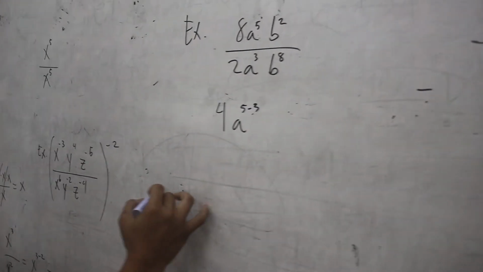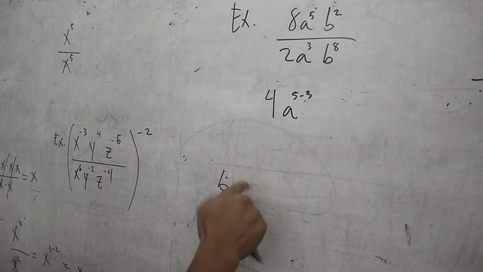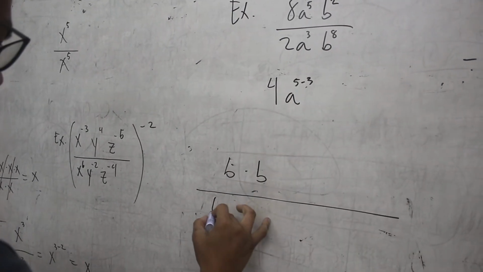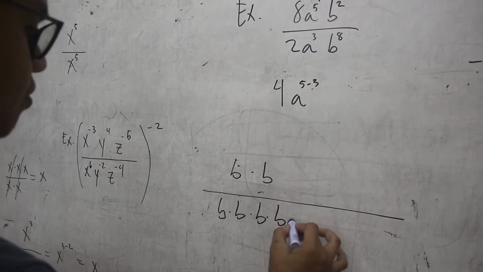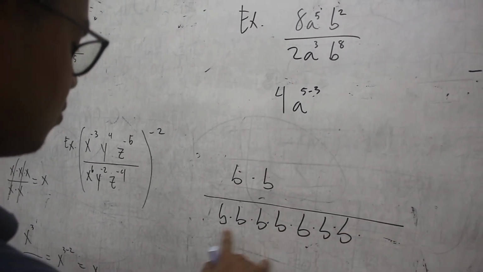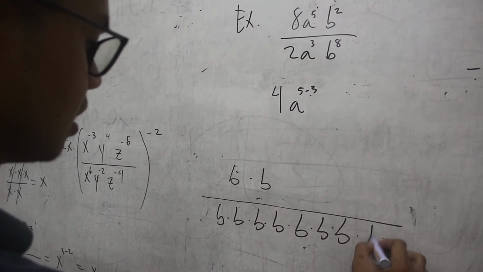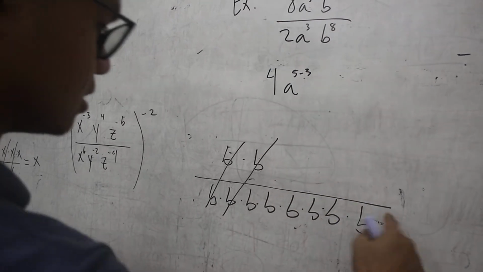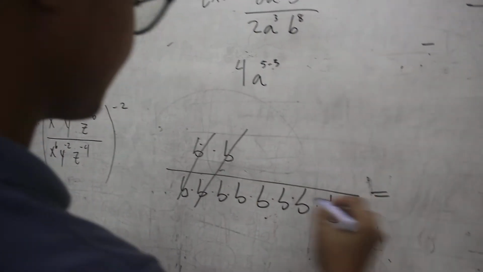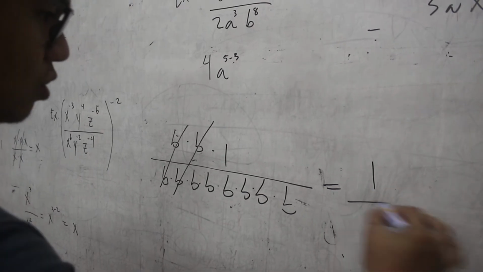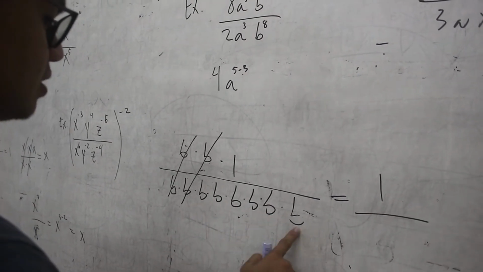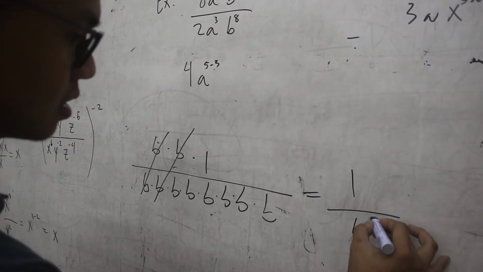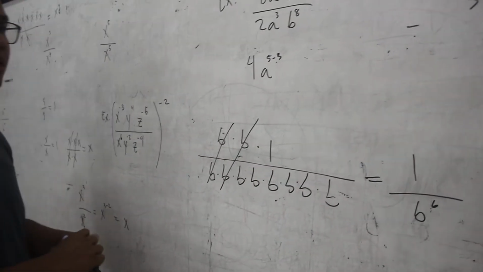Kung ipo-prove ko yan, ganito, b, dalawang b sa taas, tapos sa ilalim, 8 na b, 1, 2, 3, 4, 5, 6, 7, 8. Dalawa sa taas, cancel, ang mabilin times 1 over 1, 2, 3, 4, 5, 6, b to the 6. Ganun yung proving niya.